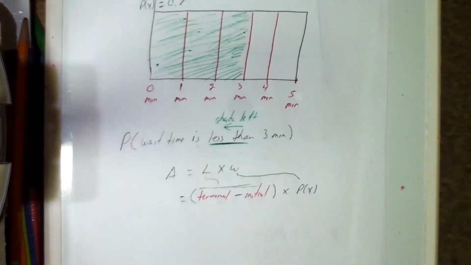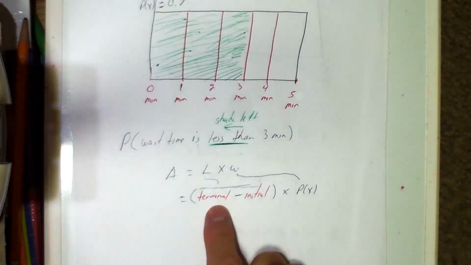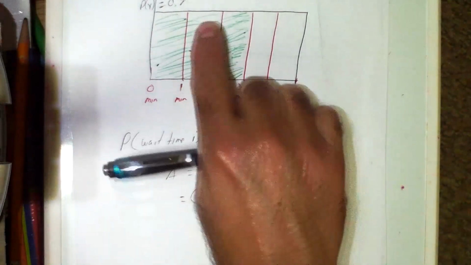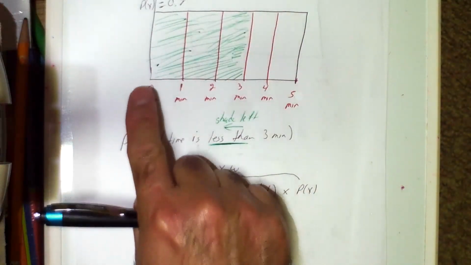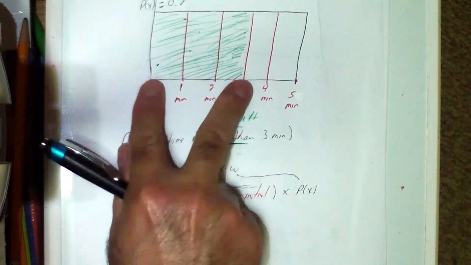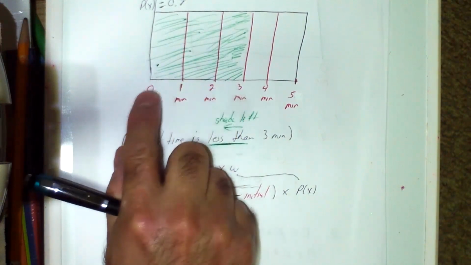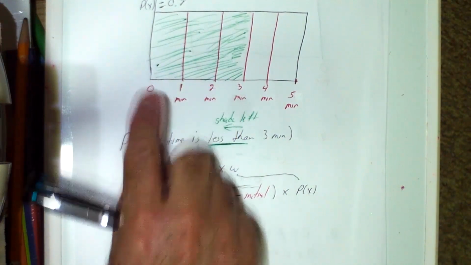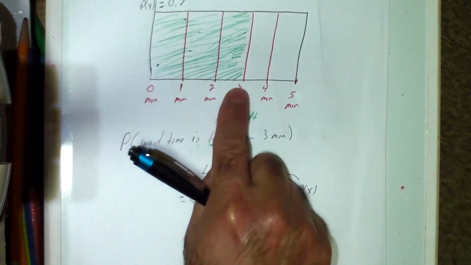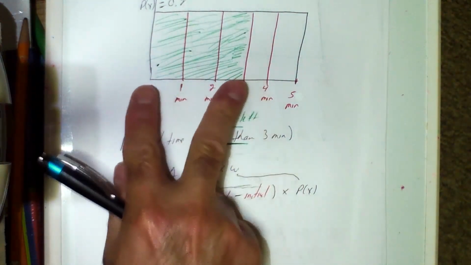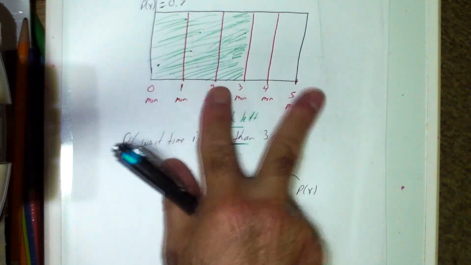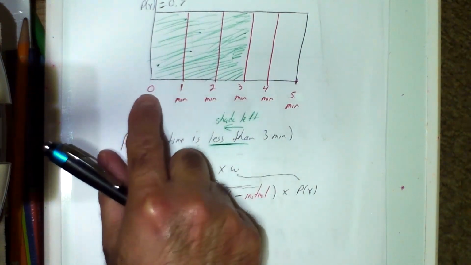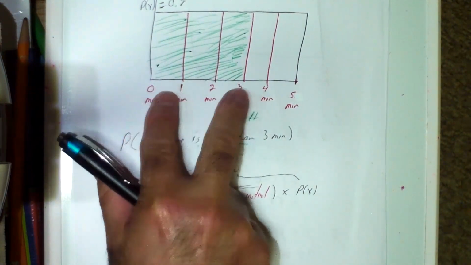And now when you do your terminal minus initial, you're not doing the complete box. You're only doing the regions that are in the green. So here's my initial still at 0, but now my terminal is at 3. I only want the green part, not all of it. That's why 0 is the initial, 3 is the terminal.